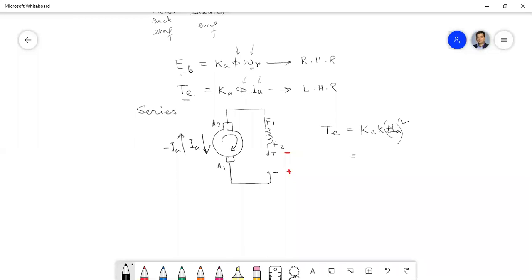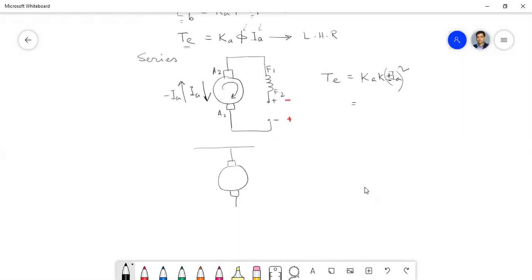Now what will happen the same for a shunt motor? If I ask you what will happen in case of a shunt motor, where you have supply here, okay.